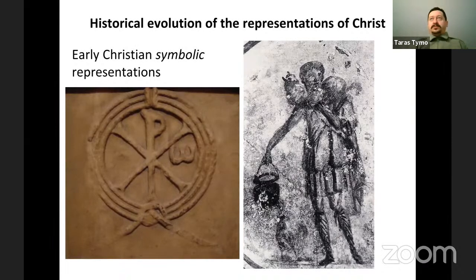Christian representations of Jesus. But you cannot claim that this figure represented here is actually Jesus. No, it's just a conventional representation of a good shepherd that has nothing to do with the personal portrait identity of Jesus. This is simply a symbol of Jesus.